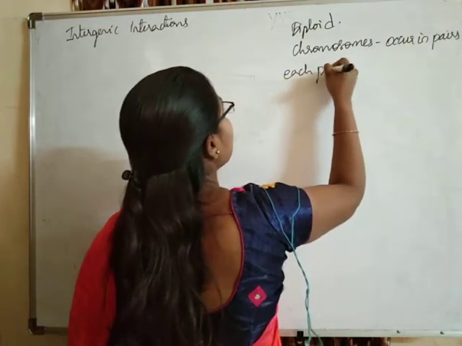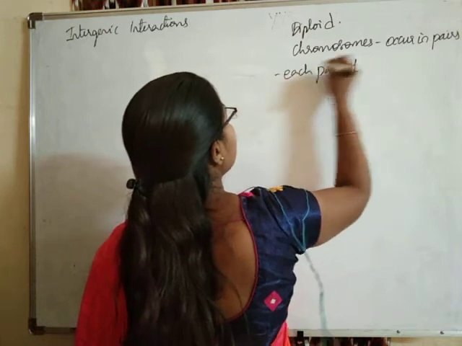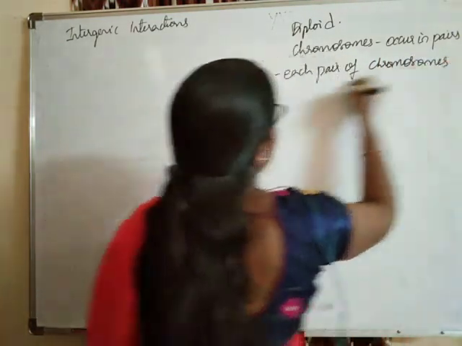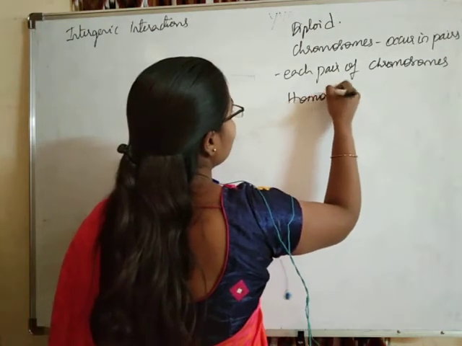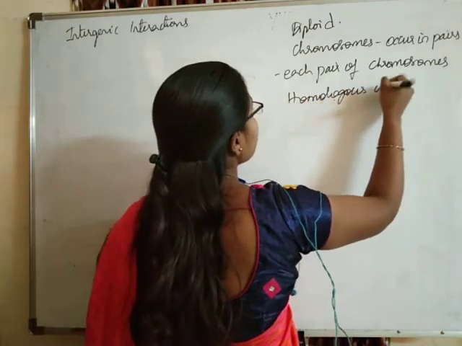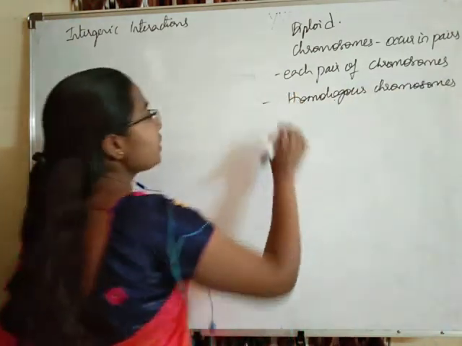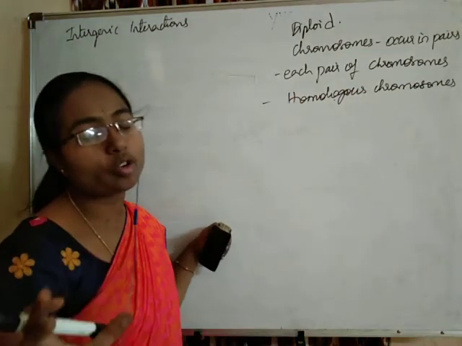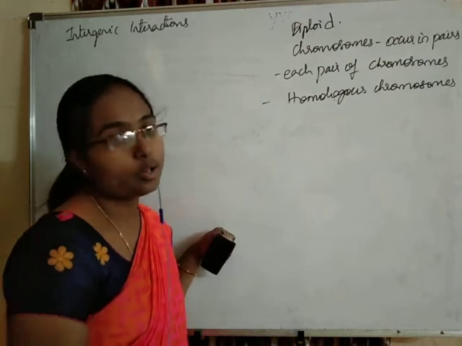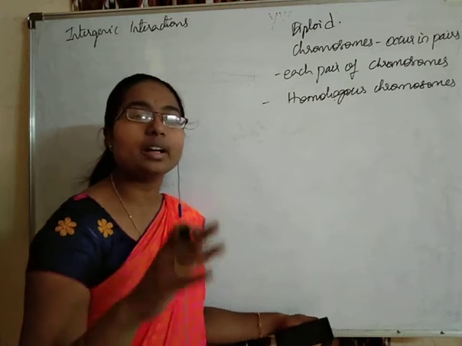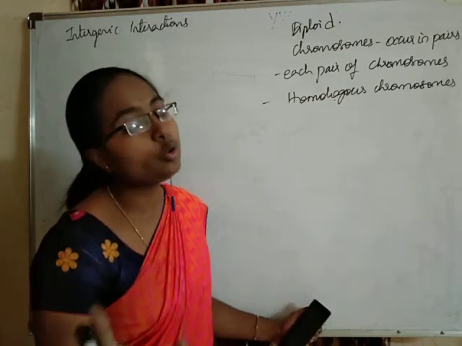Each pair of the chromosomes is called homologous chromosomes. Okay, homologous chromosomes means each pair of chromosomes.